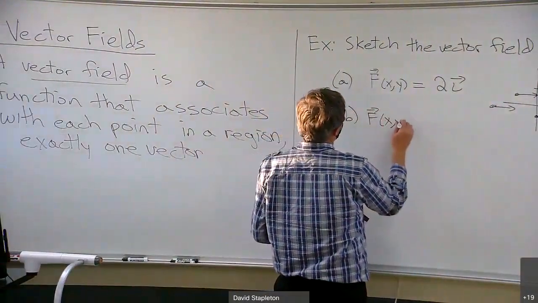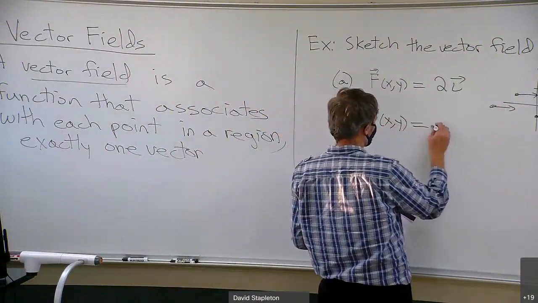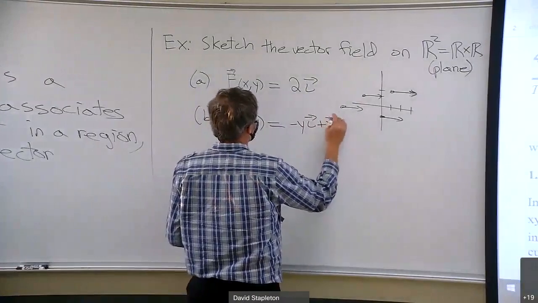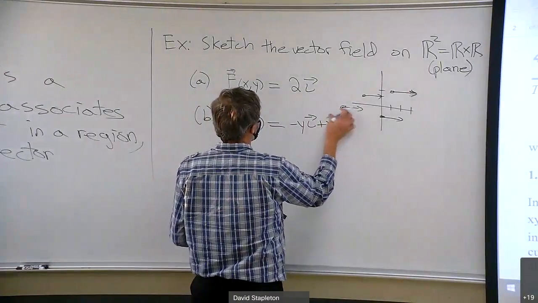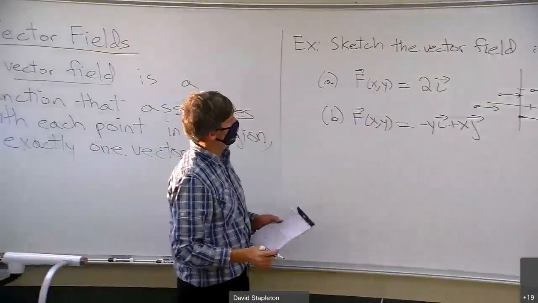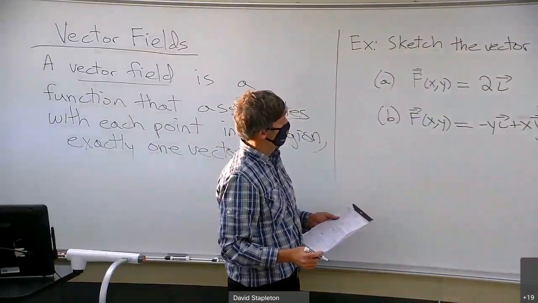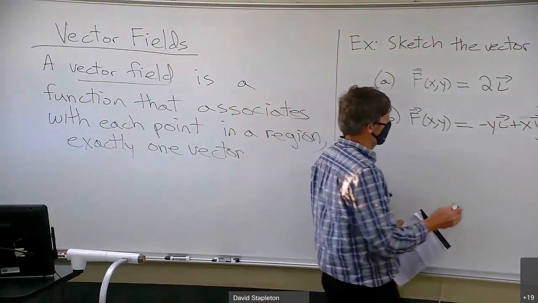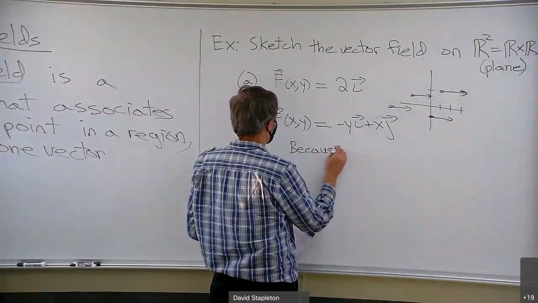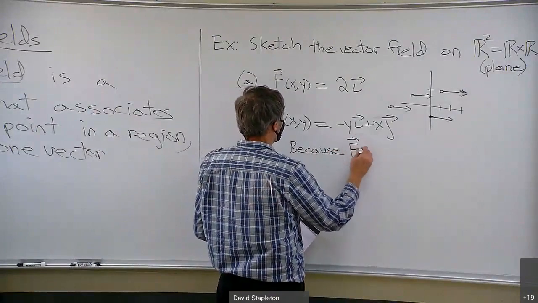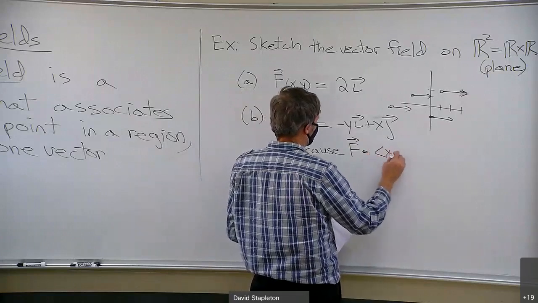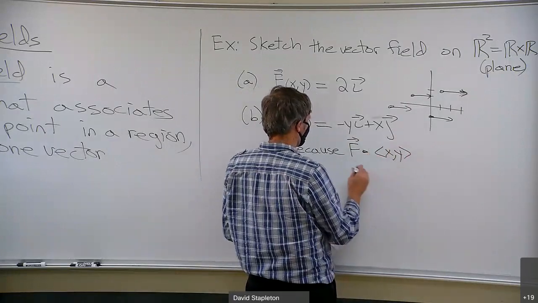Some interesting ones come like this. What if f of x, y is equal to minus y i plus x j? This one, however, has an interesting property, because f dot the vector at the origin x, y out to that point is equal to what?